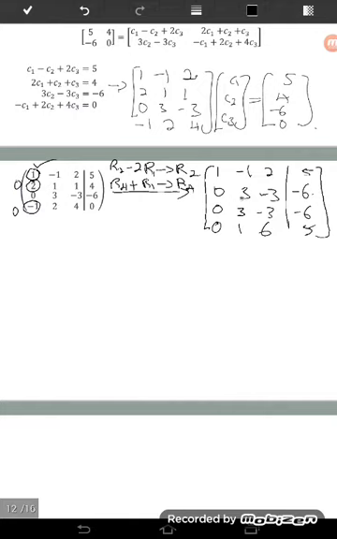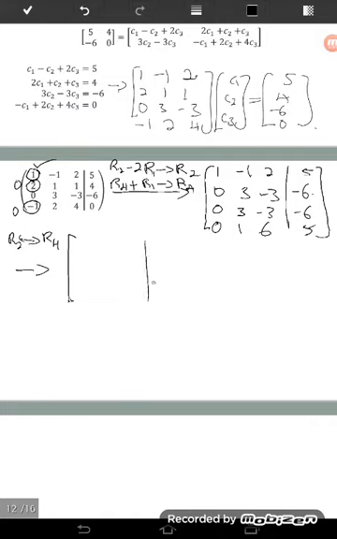And then we make this one a leading 1. Since I can see here we have 1, why don't we interchange row number 2 with row number 4.